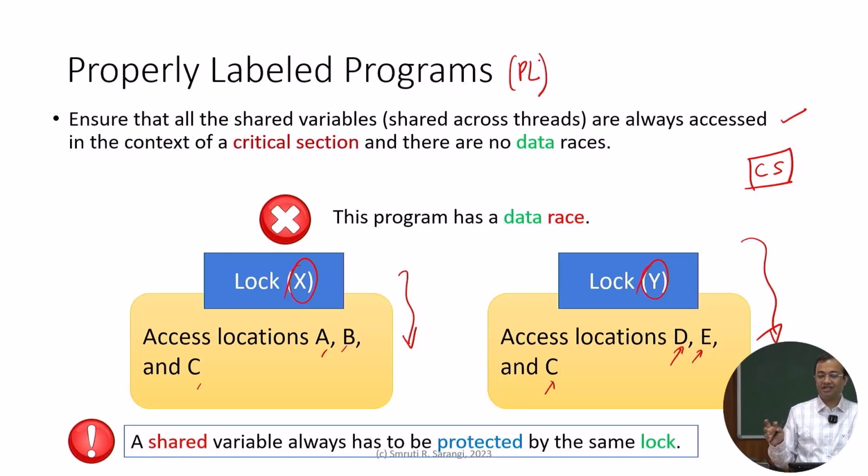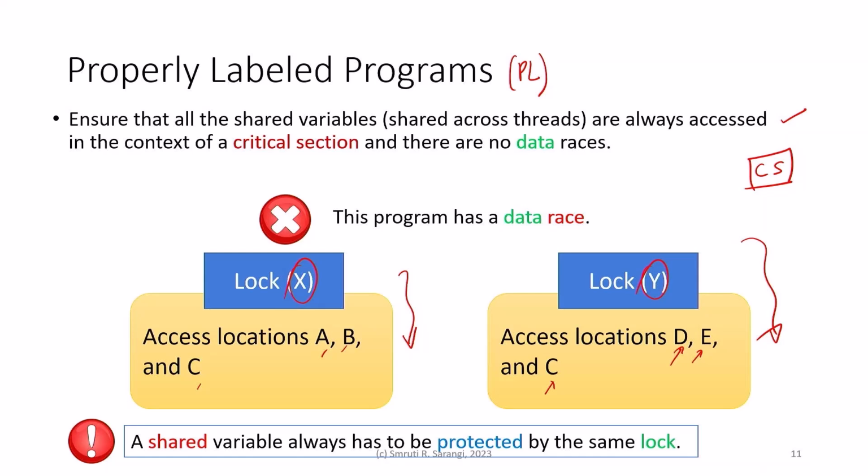I need to rephrase that. Data races will always be there because there is no happens before relationship. But errors due to data races can happen. So when I say data races will be there, not all data races are actually erroneous. They don't lead to errors. They lead to errors only when you see something that is obviously non-intuitive, right?